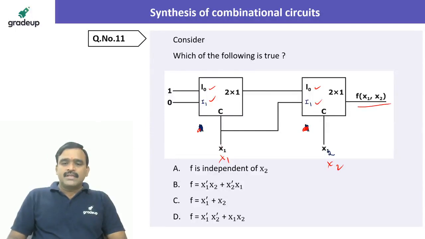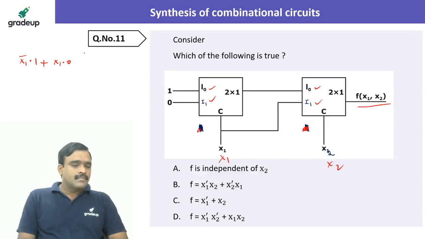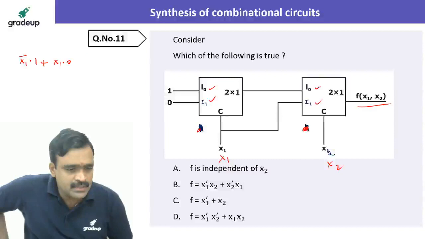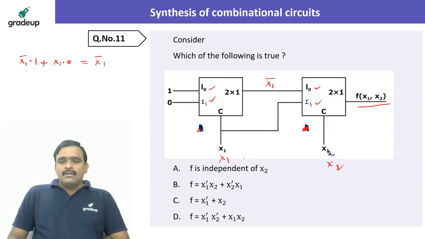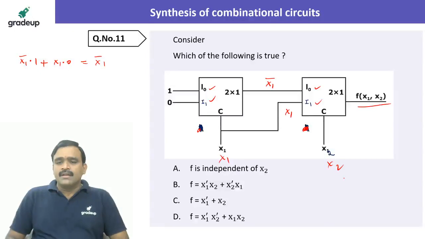Okay. So as per this, when the x1 value is 0, it is equal to 1. So x1 bar dot 1 plus x1 dot 0. Is it clear? x1 dot 0 is 0, x1 dot 1 is x1. So finally, the output we are getting is x1 bar here. Now the input to this is x1. Now based on the x2 value, the output depends.